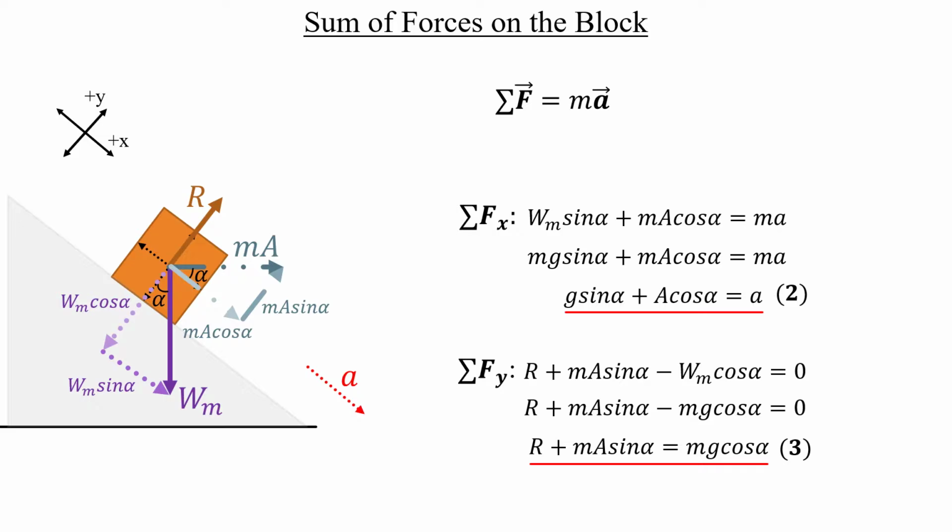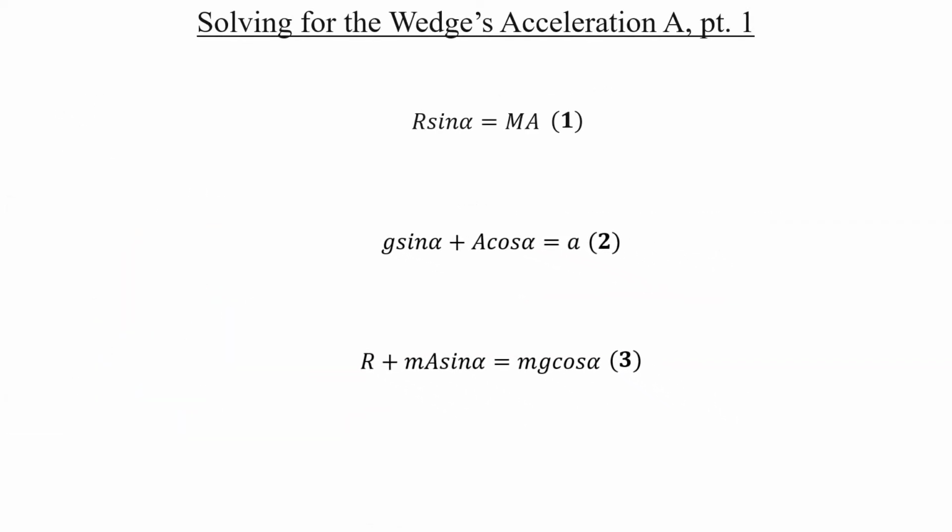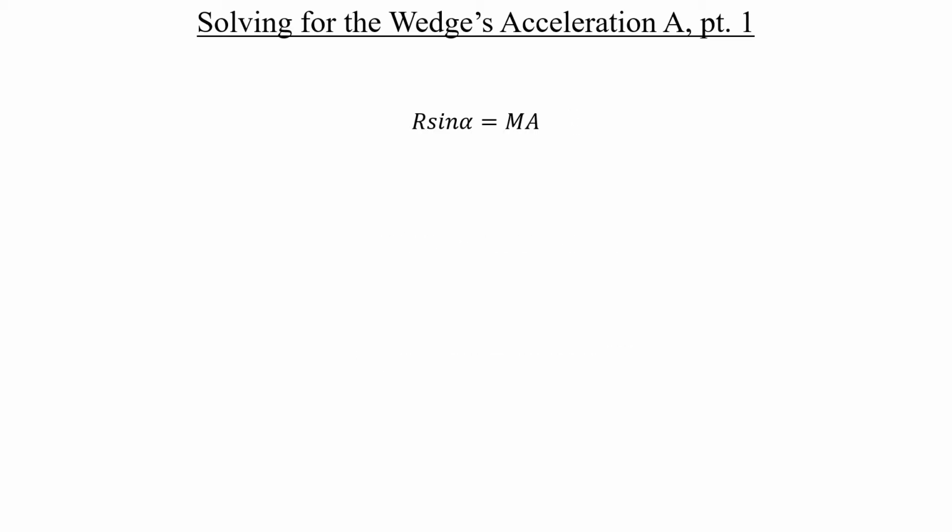Let's take all three of those equations and bring them forward. As you can probably tell, there's going to be some algebra involved because there's 3 equations and 3 unknowns. So let's start with equation number 1 and try to solve for the wedge's acceleration, capital A. If we divide both sides by the sine of alpha, we can get an equation for this reaction force.